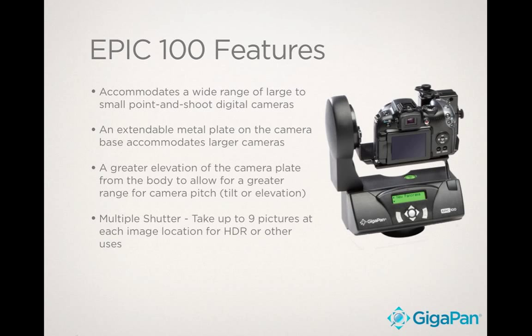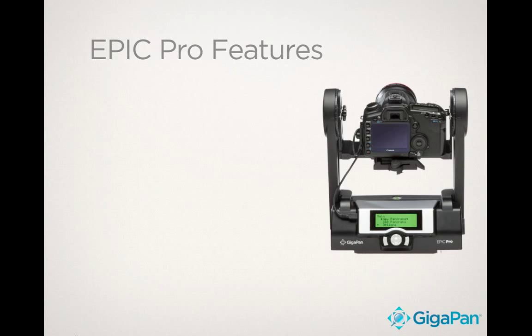It has an extendable metal plate on the tray where you see the camera mounted there that allows for a greater adjustment for perceived entrance pupil. Again, it's also got a greater elevation in the camera body or plate area for pitch. And then this also allows you to do multiple shutters. You can take up to 9 pictures at each location for HDR or other uses.